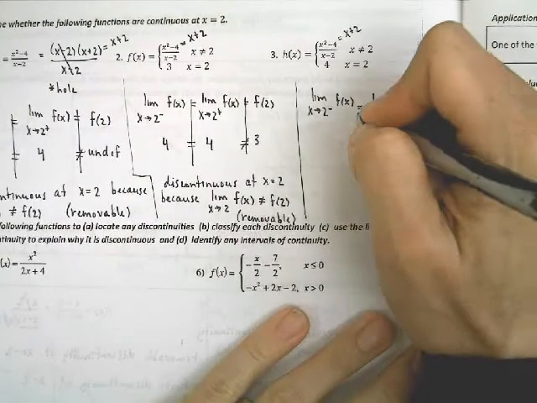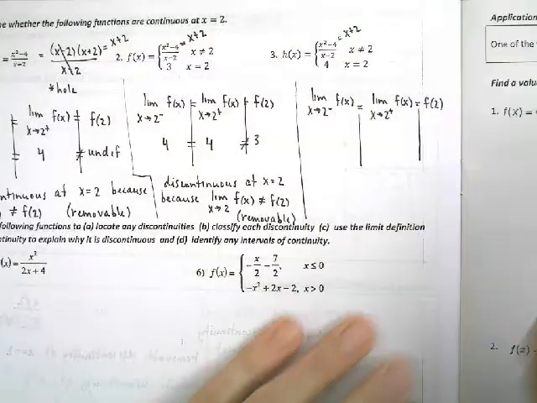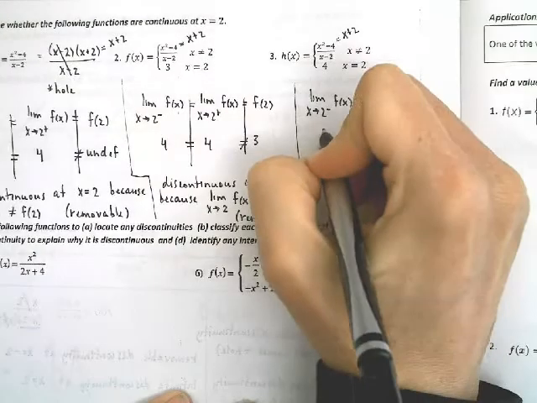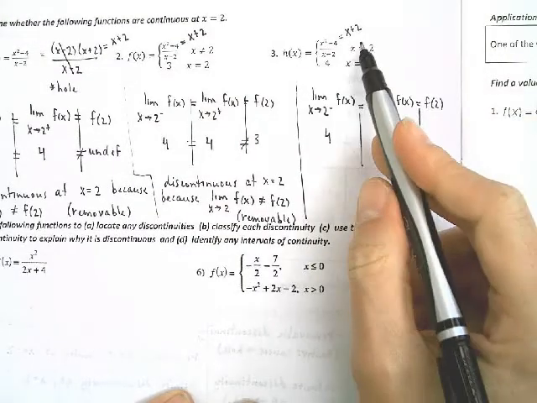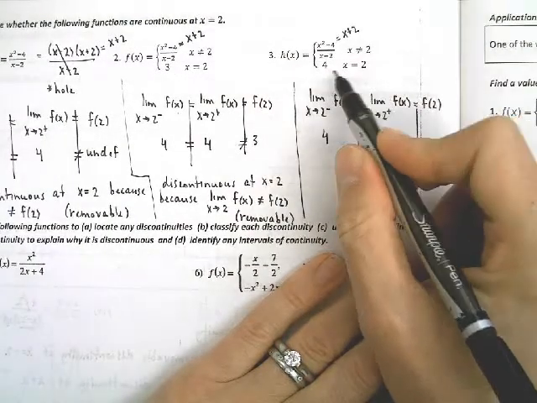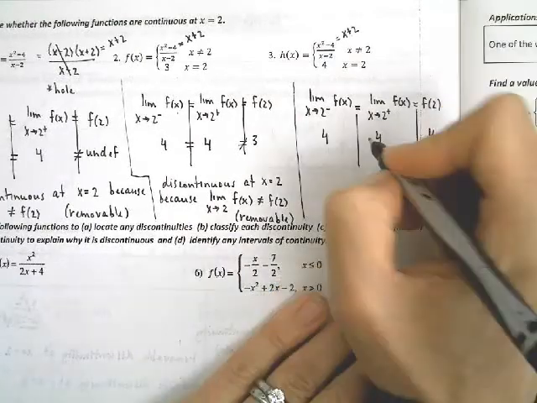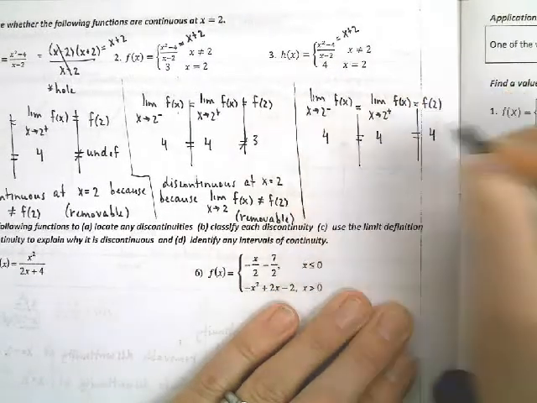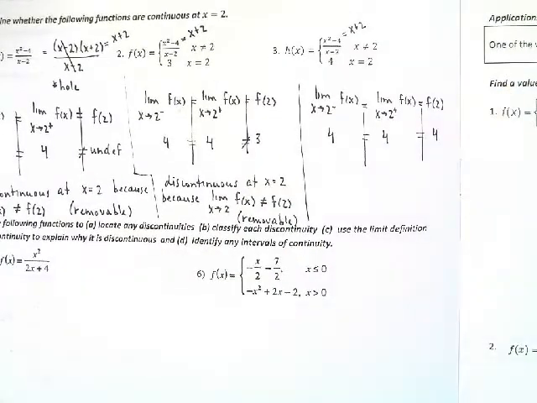So when I'm looking at limits, 2 from the left is going to give me 4. 2 from the right is also going to give me 4. And now f of 2 is 4. So essentially what's happened here is we've filled in that discontinuity.